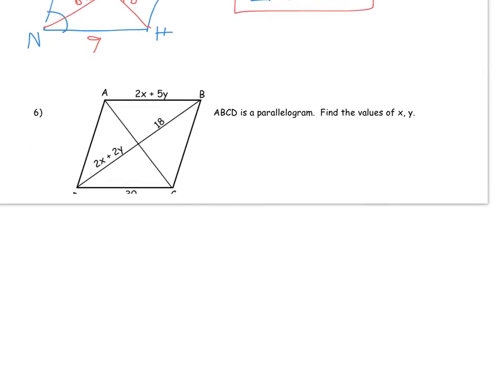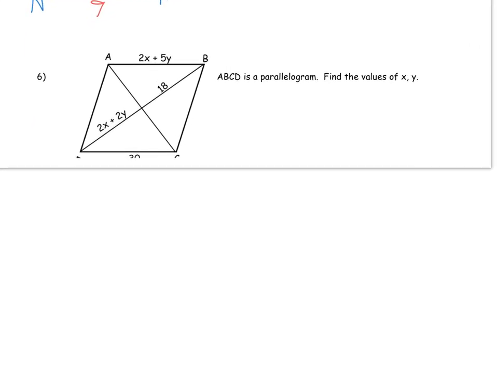Number 6, we have a parallelogram, and it says that this is 30, this is A, B, C, D. So one equation I can do is 2x plus 5y equals 30. The other equation I can do is that this side is equal to this side, and the diagonal is bisected.